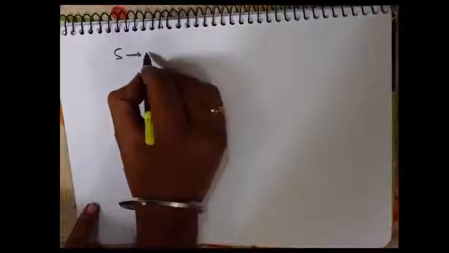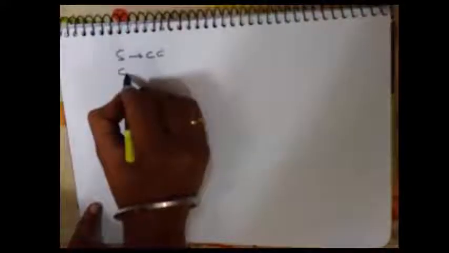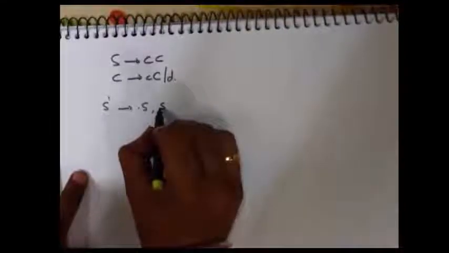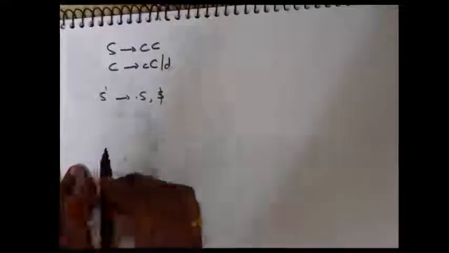Now we are going to construct the canonical parsing table for the given example. S derives CC, and C derives cC or d. Starting with the augmented grammar, which is S' derives dot S, and the lookahead here is dollar.